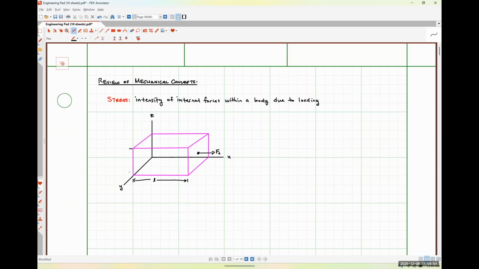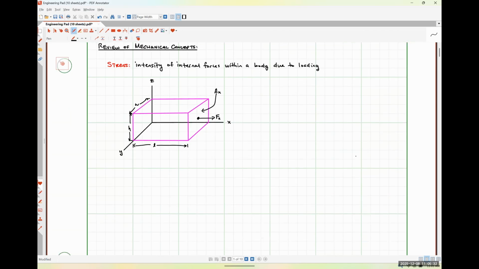Its length in the Z direction will be lowercase h, and its length in the Y direction will be lowercase w, like so. And we're going to say that the vector area that is representing this system is in the X direction. So we're talking about that cross section of the box right there.